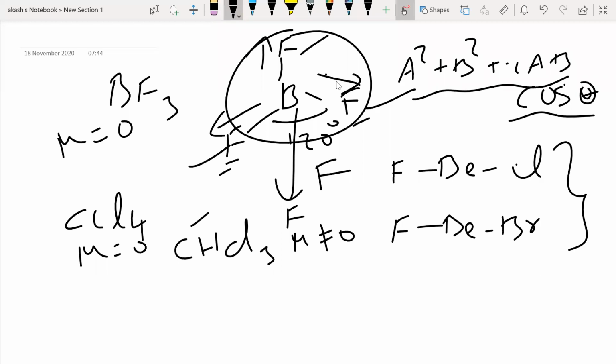Now comparing these two molecules, tell me which is going to have more dipole moment. If I have BeCl2, that will have 0 dipole moment because it's linear. That side is going to cancel this side, mu is 0. But for these two, definitely the dipole moment is not 0 because it is not exactly cancelling out. Now think and tell me which is going to have a higher net dipole moment.